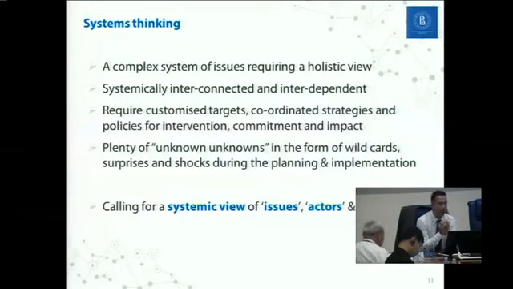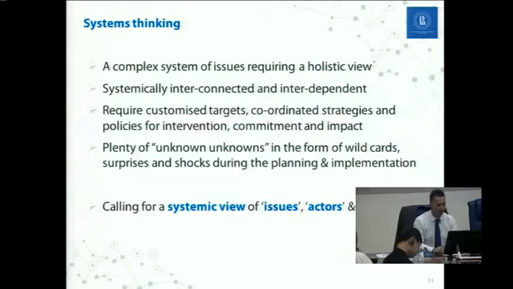They require customized targets, coordinated strategies, and policies for intervention, commitment, and to create impact. And at the same time, there are plenty of unknown unknowns. So we don't even know what may happen on the way. There are plenty of surprises, plenty of shocks, and wildcards as we go through the planning and implementation process.